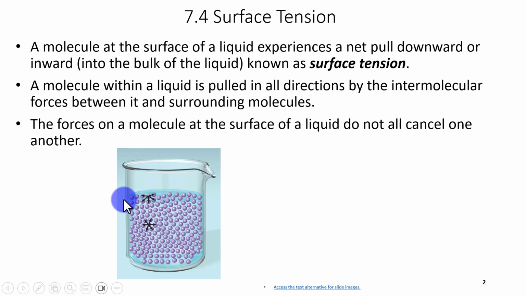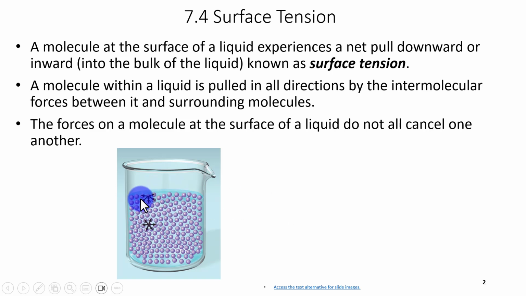Now, what happens to the molecules or particles that are really at the very top? They're on the surface of a liquid. Well, these molecules don't have other particles up on top above them. They're it. And so they experience a net pull downward, right? Because there's nothing to balance it above them, on the top.